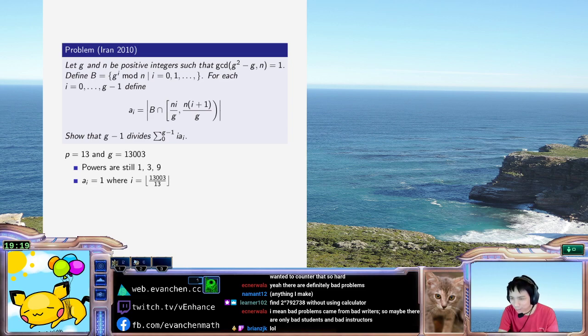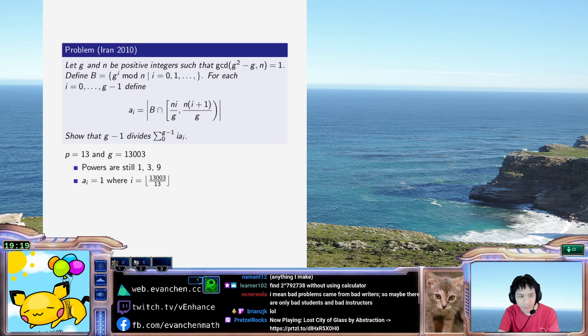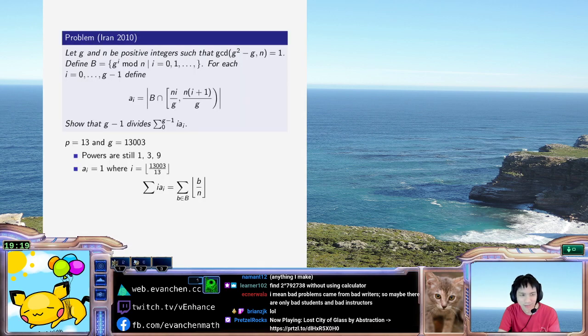So the sum of A_i is equal to the sum across powers of G. I'll just call them elements of B. How about that? B of floor. It's like some floor, that floor is N. I'm just going to go N now. B mod N. Is that literally it?